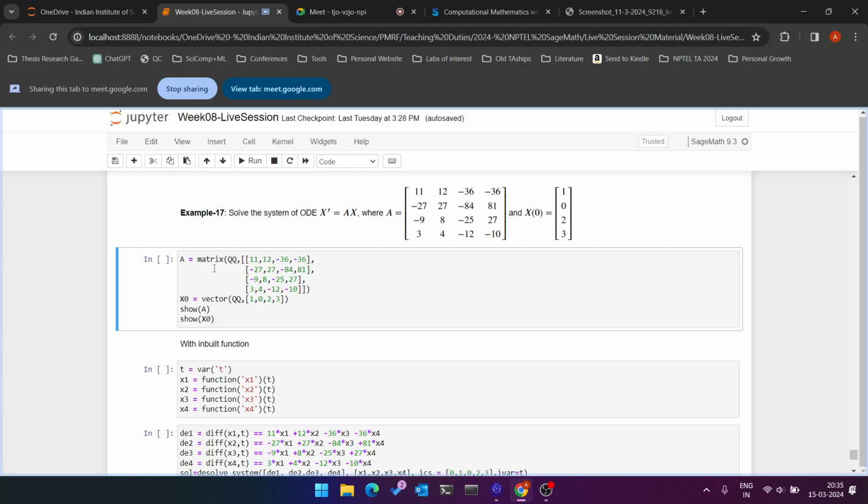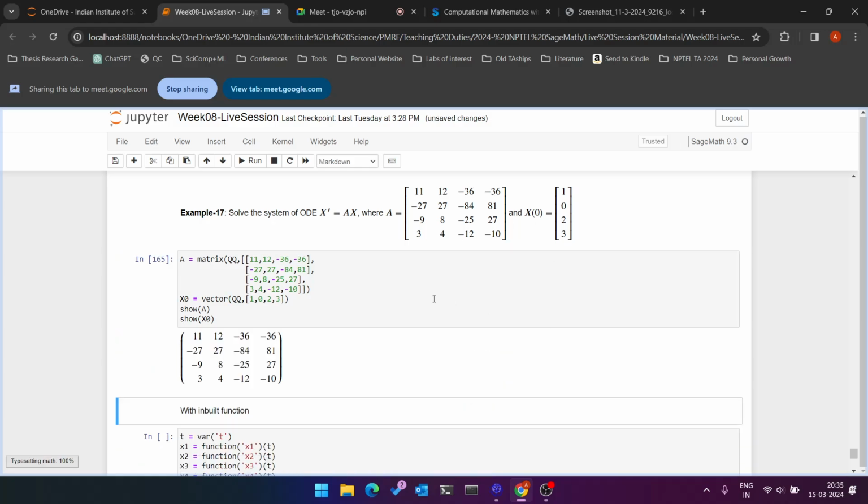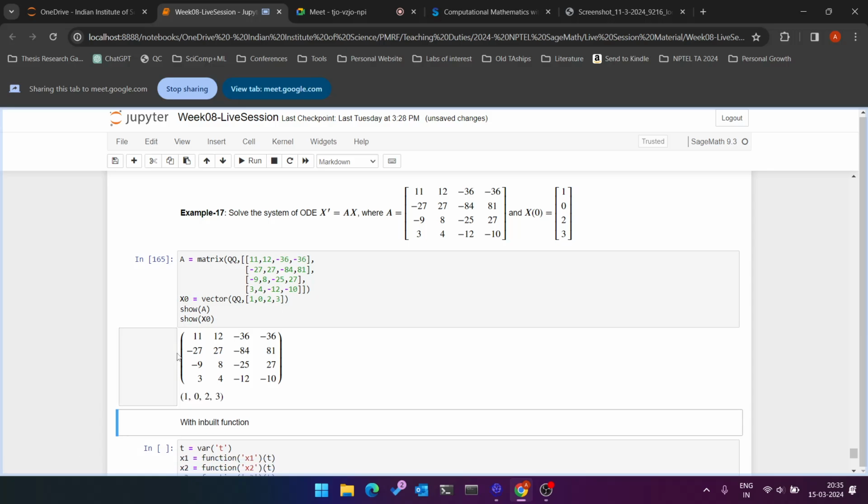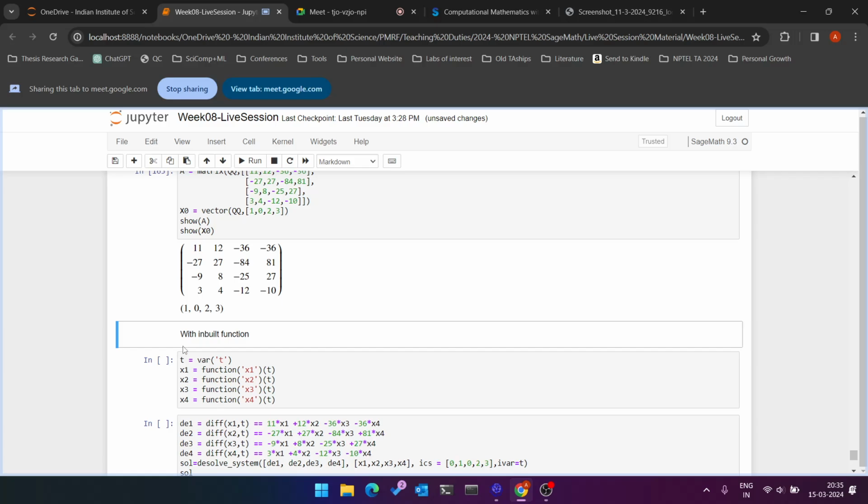and then using the diagonalization approach. So we specify the matrix A in the field QQ with all the entries, and x0 as a vector with the relevant entries. This gives us matrix A and initial vector x of 0. With the inbuilt function, I am defining first the time variable t, and x1, x2, x3, and x4 are functions x1 of t, x2 of t, x3 of t, and x4 of t respectively.